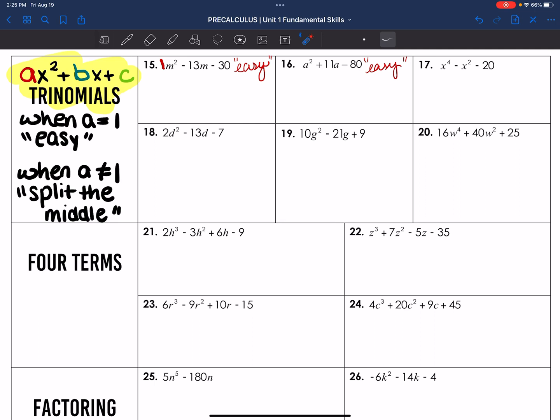That is a little bit different, and we will get to that one. But these first two are both easy trinomials to factor because our a is a 1, a being that coefficient of x squared.